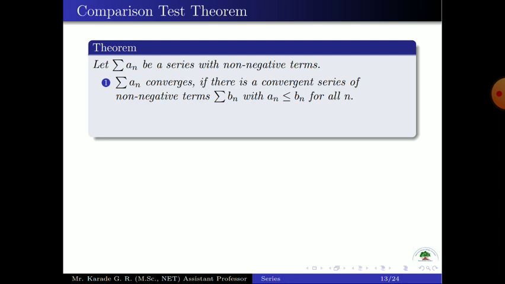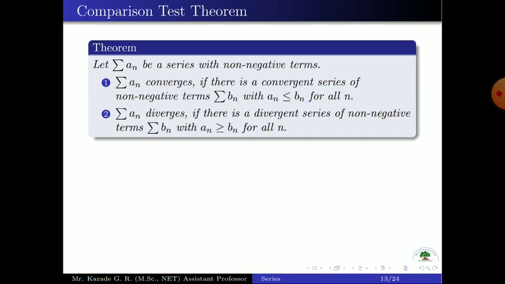Here we are comparing two series, summation an and summation bn. If summation bn has non-negative terms and is convergent, and an is less equal bn for all n, meaning a1 is less equal b1, a2 is less equal b2, a3 is less equal b3, and so on, then the series summation an is also convergent.